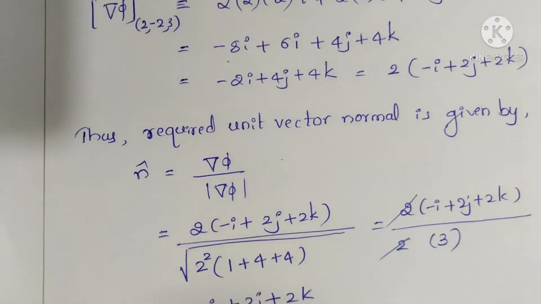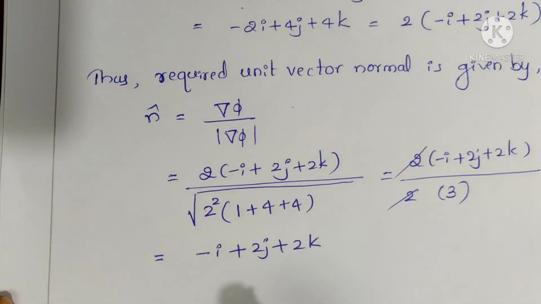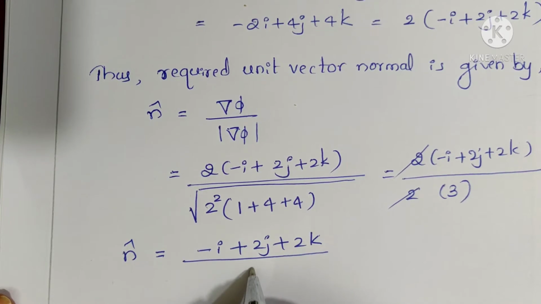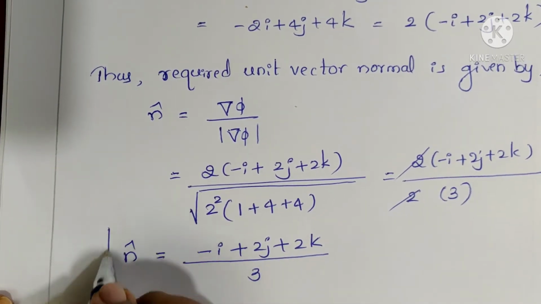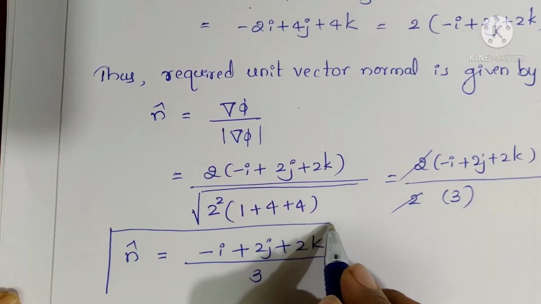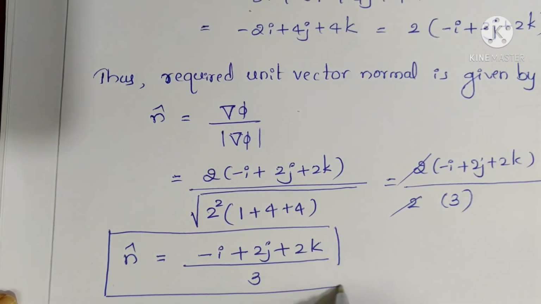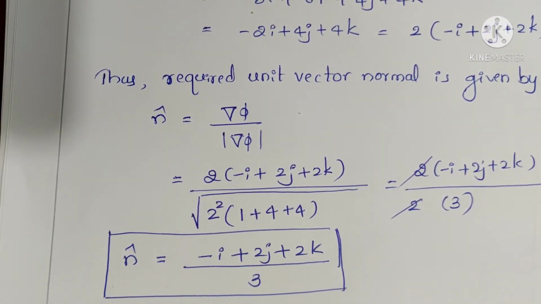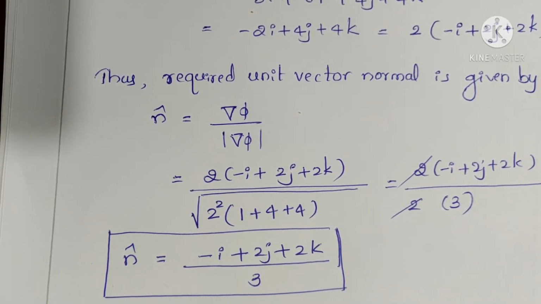So this 2 will get cancelled. Therefore you may write n cap, that is the unit vector normal, as minus i plus 2j plus 2k whole divided by 3. This is how to find the unit vector normal of a given surface at the indicated points.